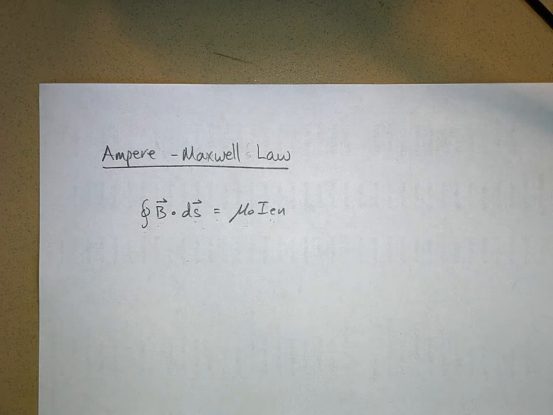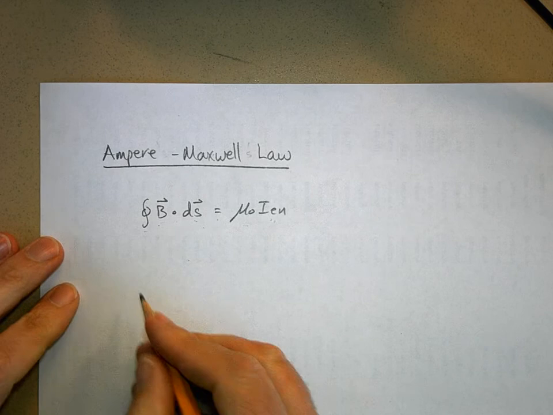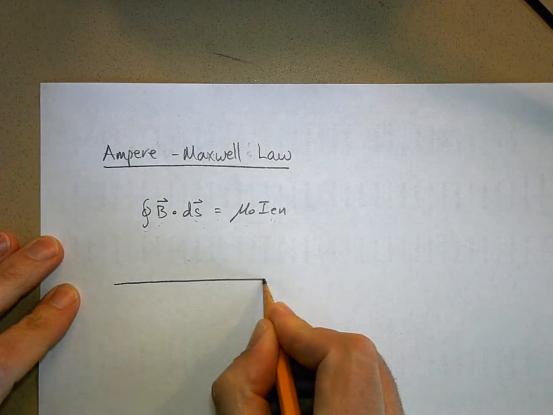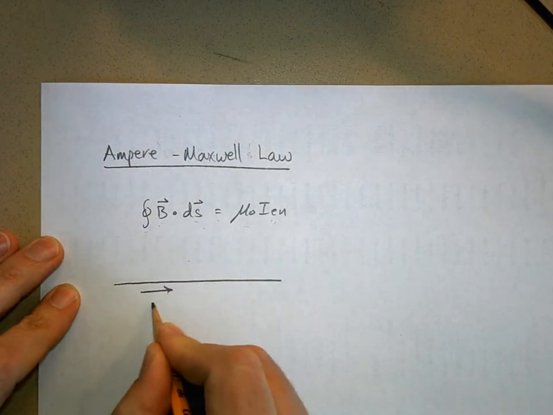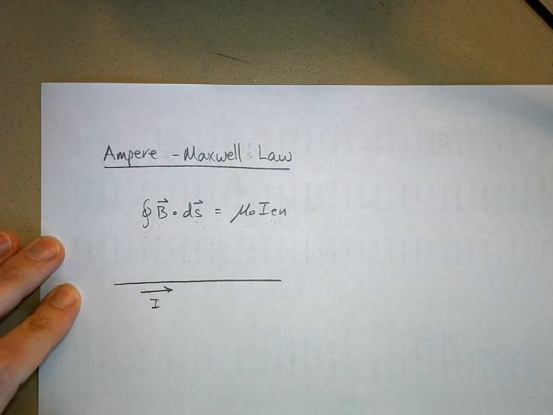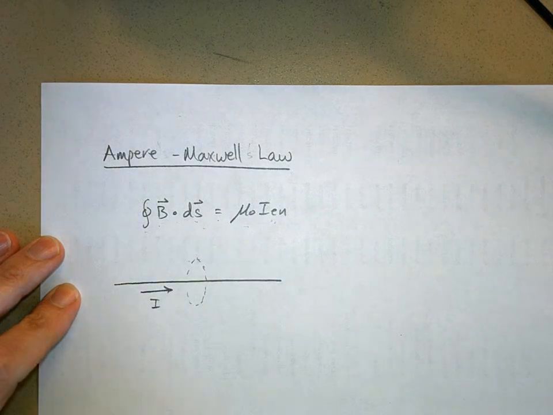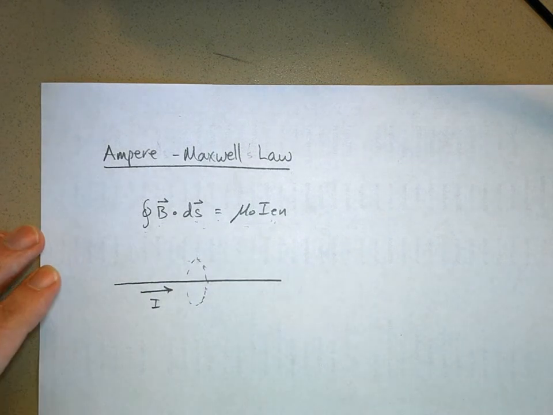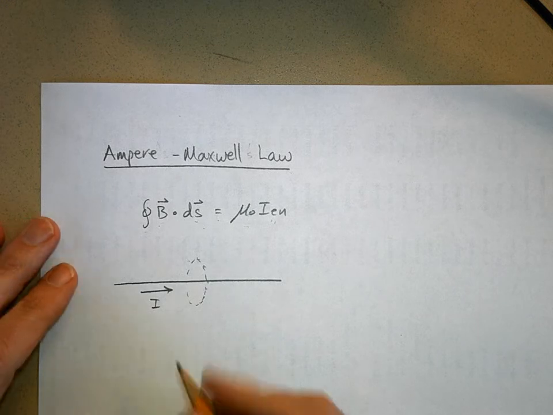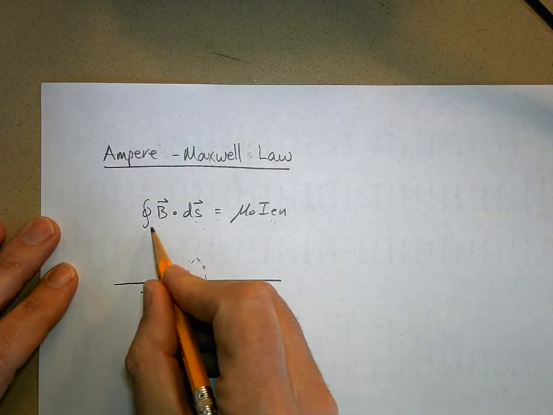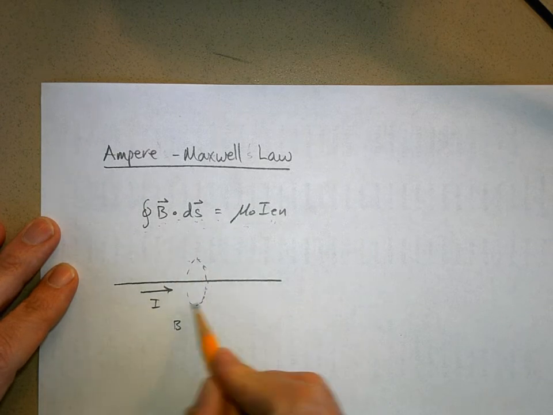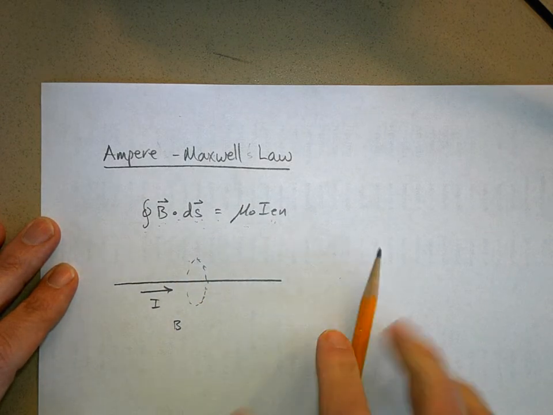This was the law of the land for a while, but then good old Maxwell started looking at this: what if you had a wire with a current flowing through it, and you surround it with a closed loop? Here's my Amperian loop, as we call it. B dot ds, B is going to be constant.